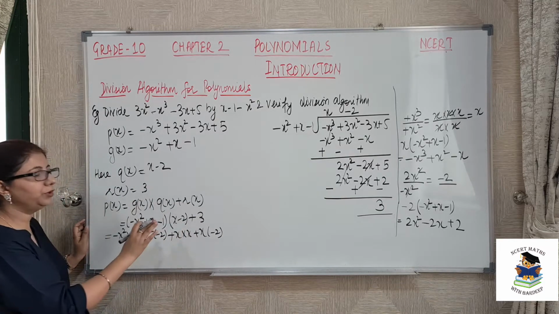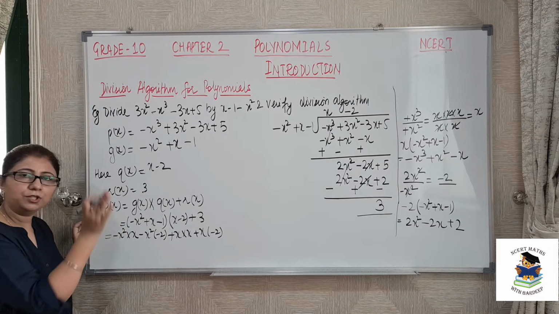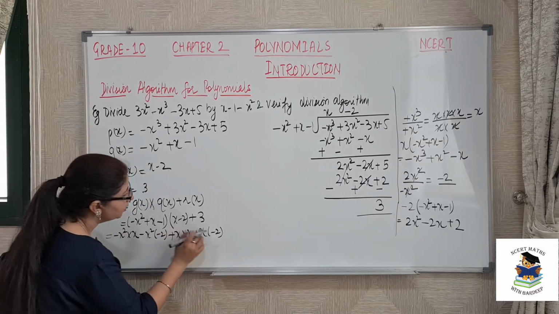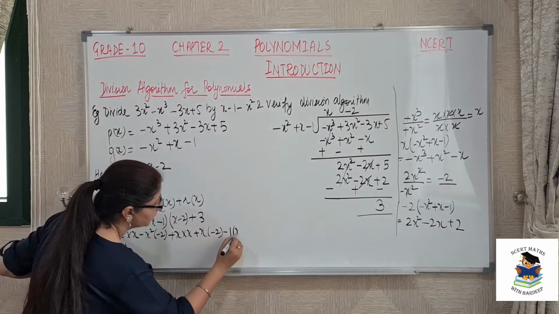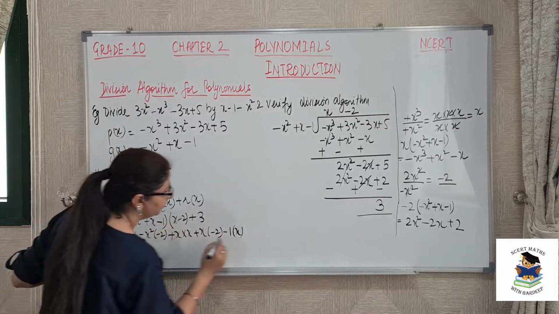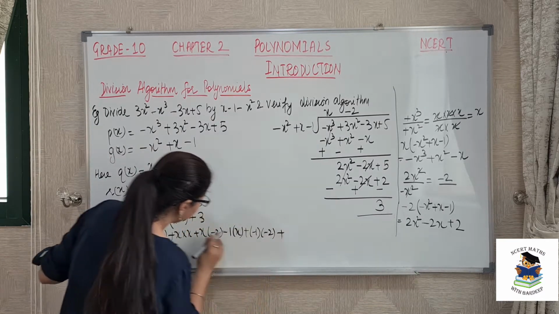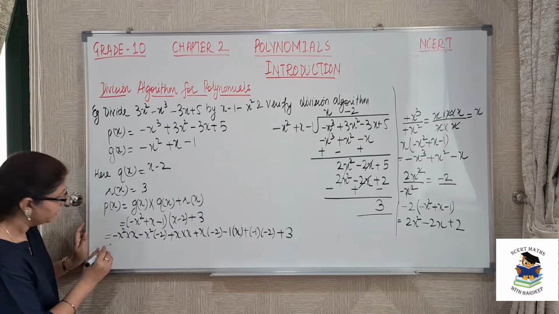Okay, if you don't know how to multiply these factors or algebraic expression, you can refer my videos of grade 8 of this chapter. So next is minus 1 multiplied with x and minus 1 with minus 2 plus this remainder 3.